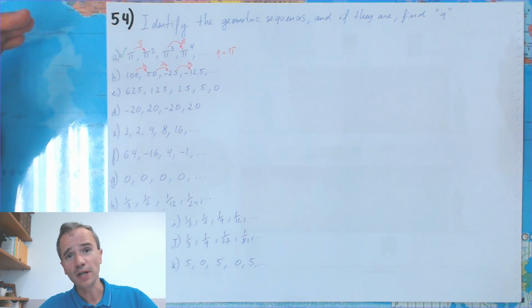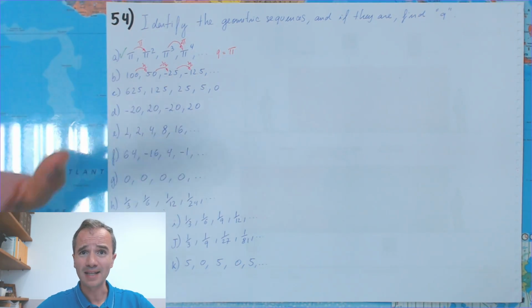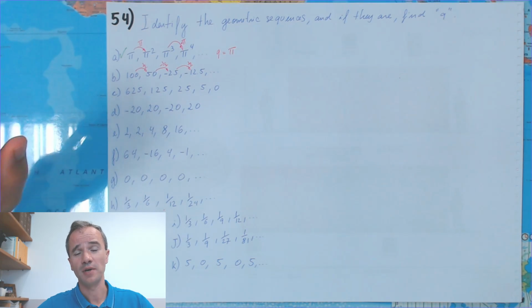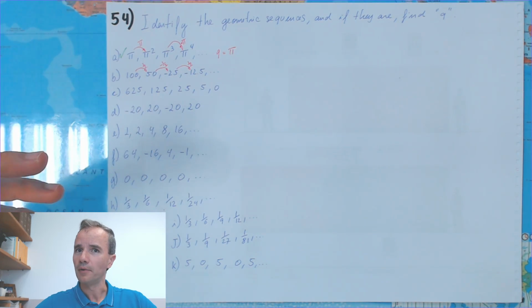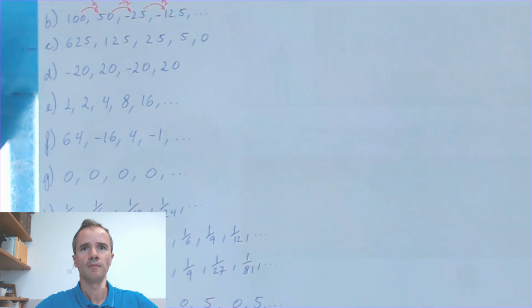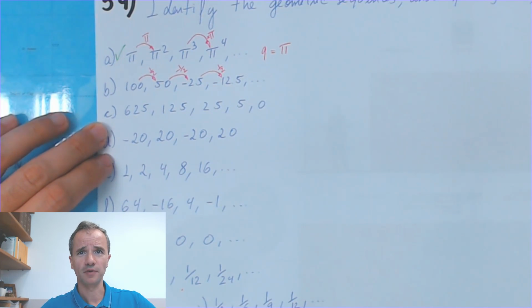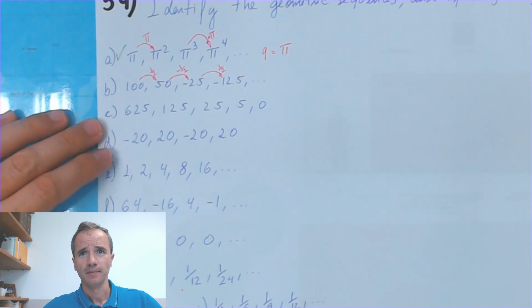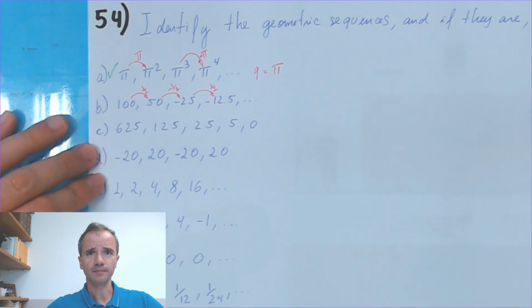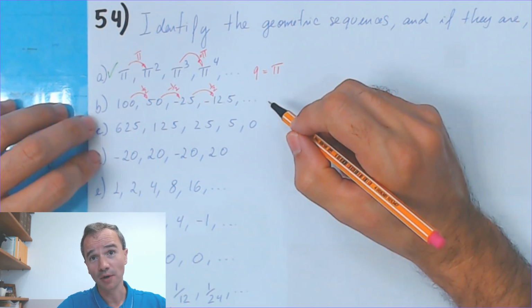So the common ratio is changing too much, and that's not good for us. We've got to have something more constant. Let me zoom in a little bit here, I think it's going to be better for us to work. So this one is not.